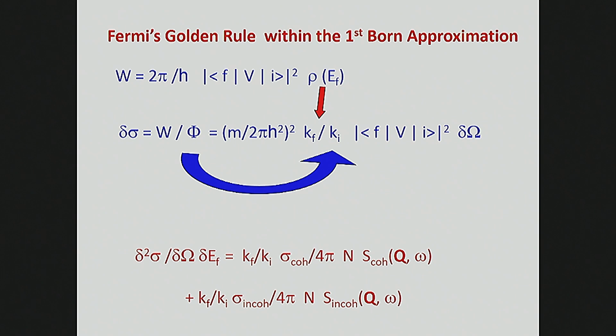So that incident flux of neutrons is basically the number of incident neutrons times their velocity. So it's going to depend on their velocity, so it's going to depend on the incident wave vector. The incident wave vector of the neutron is proportional to the incident velocity. So you get a factor that's kf over ki. That's where this factor comes in.